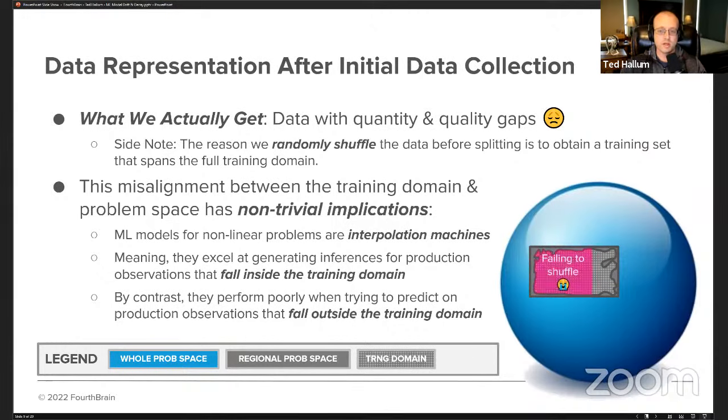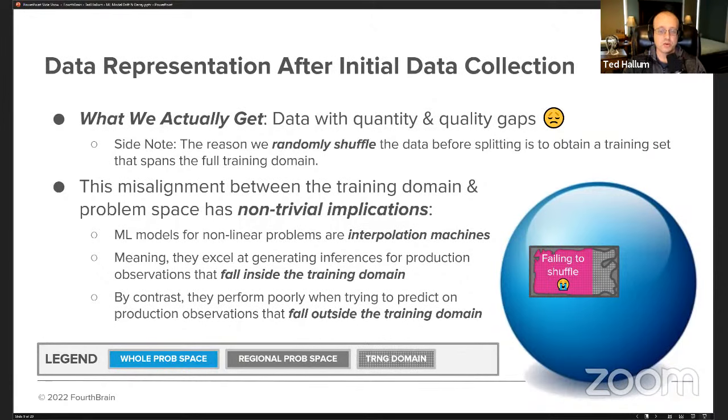It's also worth noting, oftentimes when you're being trained to build machine learning models, anybody who's ever been through formal or informal training, a lot of times you'll get instructions to take your data and randomly shuffle it before you split it into training, validation, and holdout sets. A lot of people just learn to do that mechanically as a recipe they're supposed to follow.